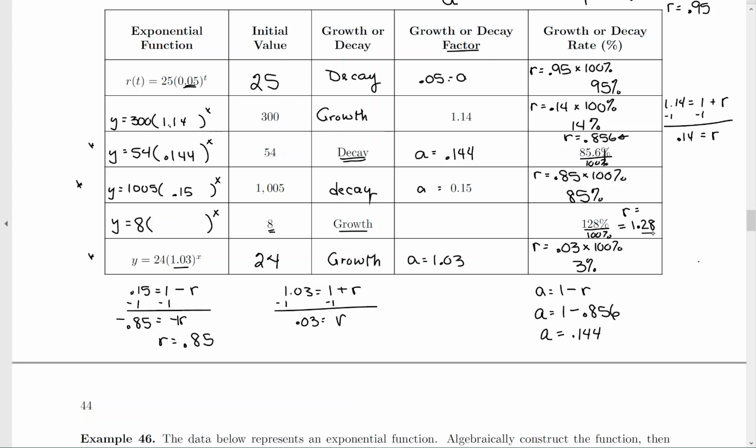And I know what my R value is. So again, coming over here, if it's growth, I've got to use the 1 plus R. Growth is plus, decay is minus. Plug in your R. And we get A is 2.28. So that's my A. And it goes right in here.